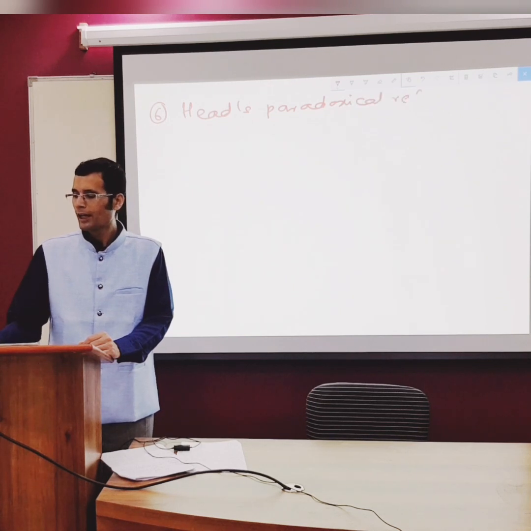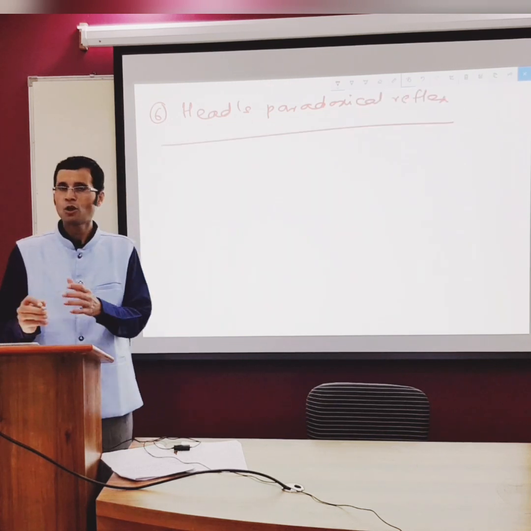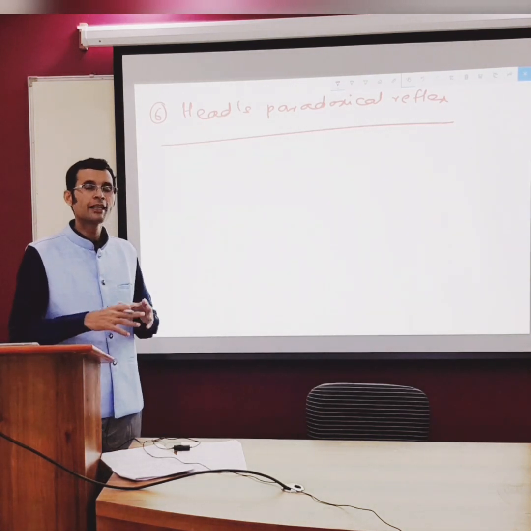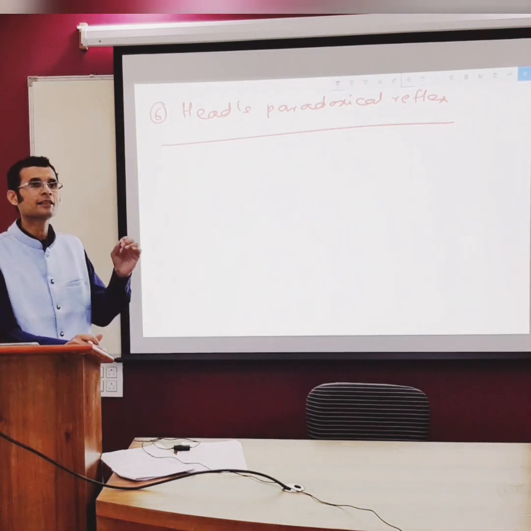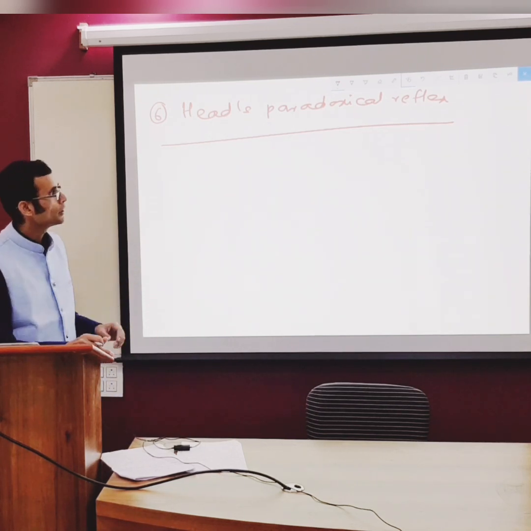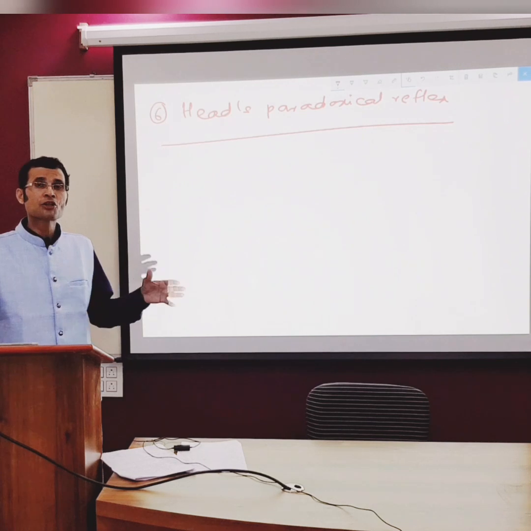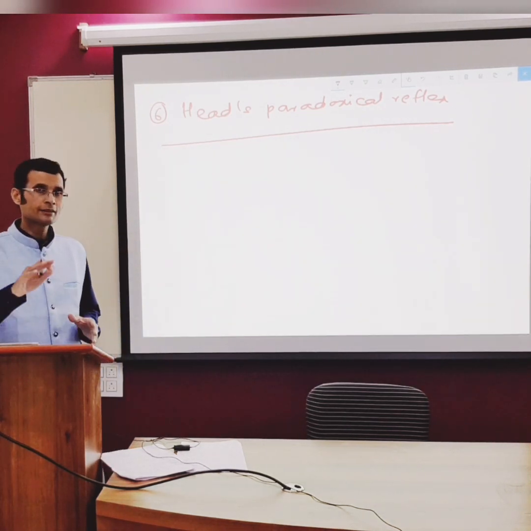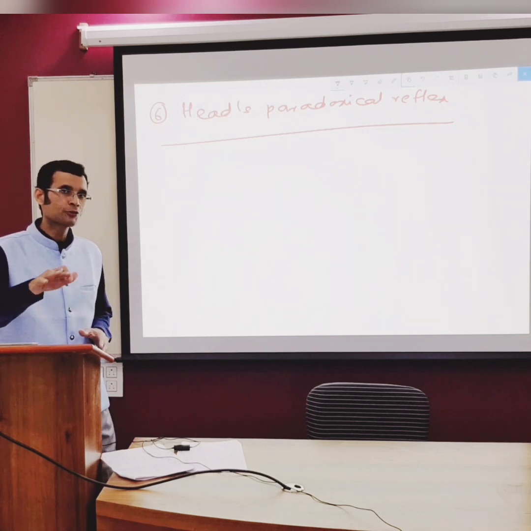One more, Head's paradoxical reflex. Now we have heard of the Hering-Breuer reflex. In the respiratory system, there is a classic negative feedback reflex called the Hering-Breuer reflex. Overdistension of the lungs leads to deflation of the lungs. This is to prevent damage to the lung parenchyma.